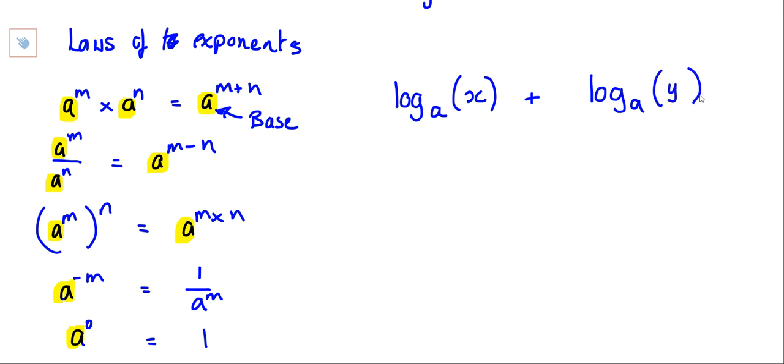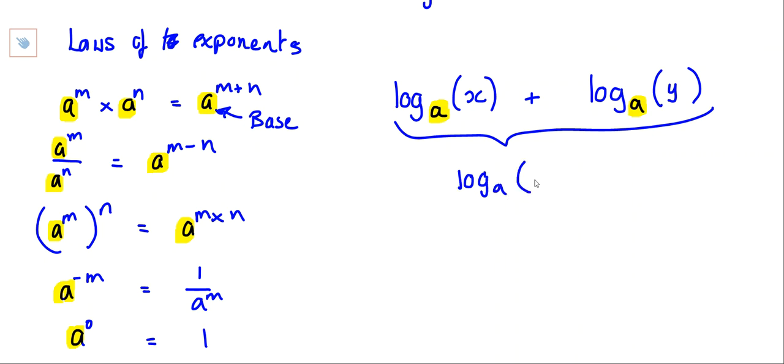You'll notice that the base has to be the same, just like the exponent base has to be the same. What do we think might happen? Do you mean times? No, I mean plus, but are they going to add together? No. It's going to be log to the base a of x times y. Oh my gosh, because you times them and it comes out as adding.